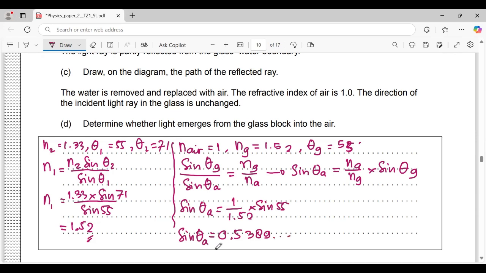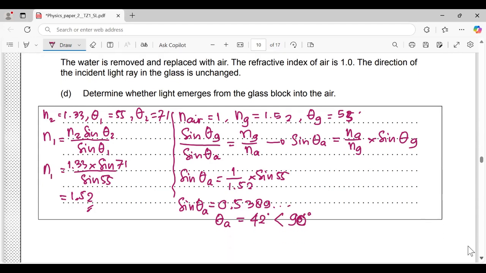It means theta air is 42 degrees. 42 degrees is less than 90 degrees.